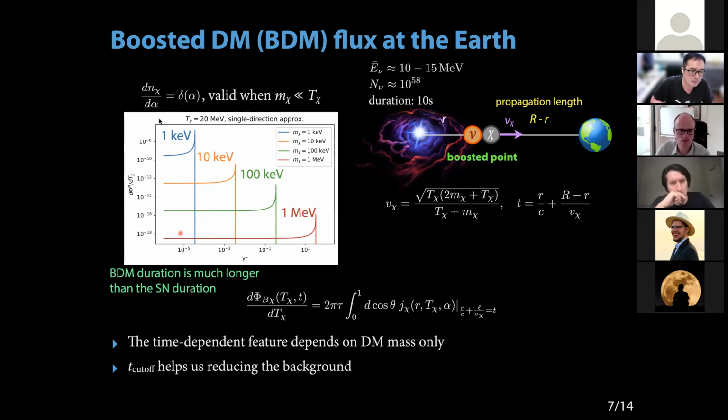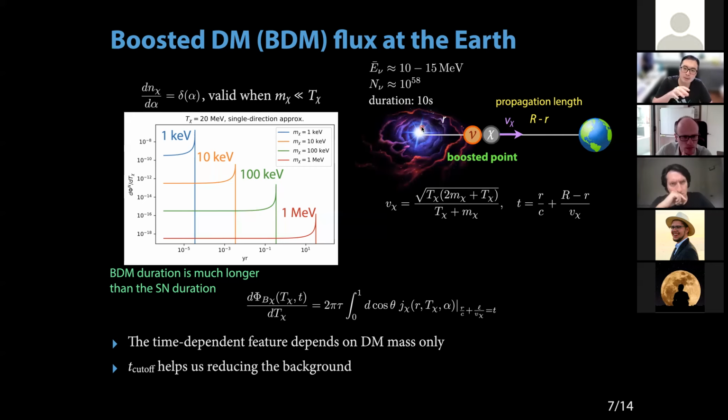So this is the flux, and this is the timing information of the BDM flux. You can see from this plot that the BDM flux is time dependent, and the timing starts from the arrival of the first supernova neutrino. You can also see that the duration of the BDM flux is much longer than the duration of the supernova neutrino.